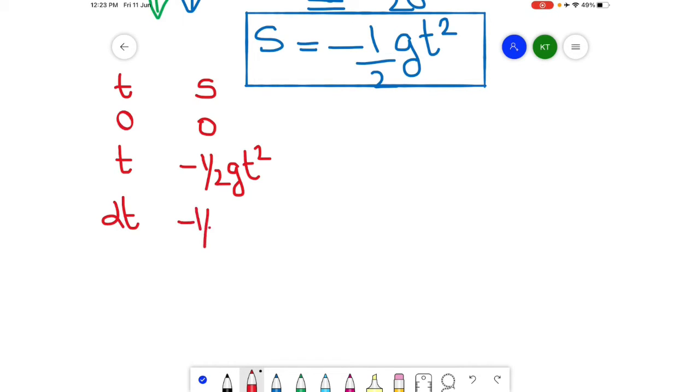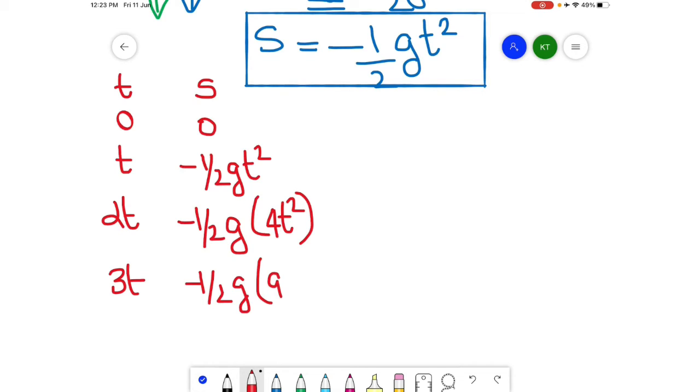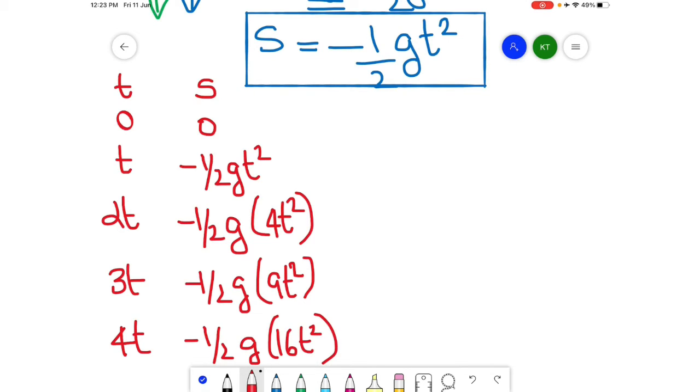Then it will be minus half g, 2t the whole square, that is 4t square. 3t will be minus half g, 9t square, because it is the square of 3, that is 9. 4t will be minus half g, 16t square. Now suppose I mention y naught to be equal to minus half g t square. This is just to simplify it.